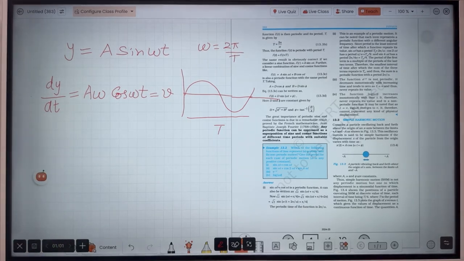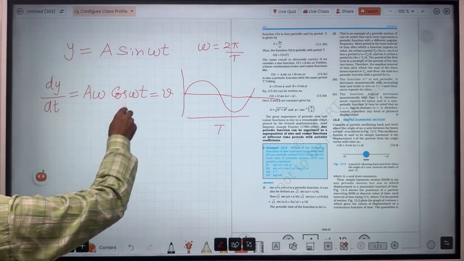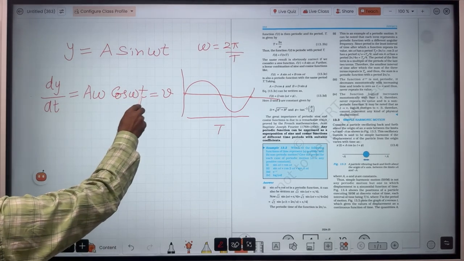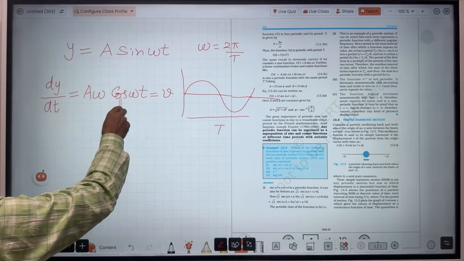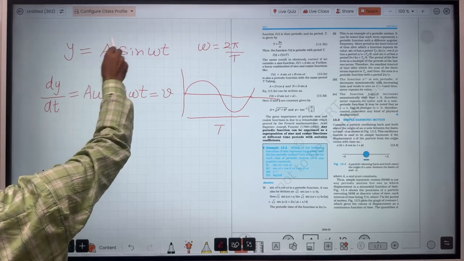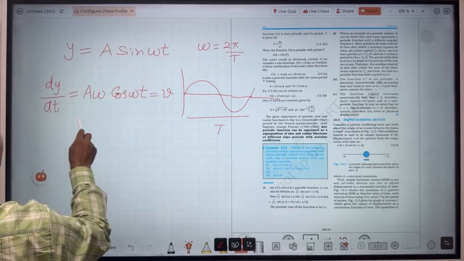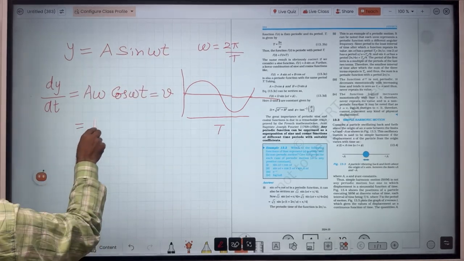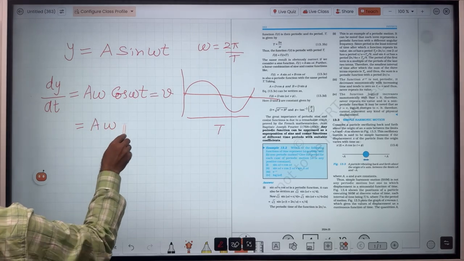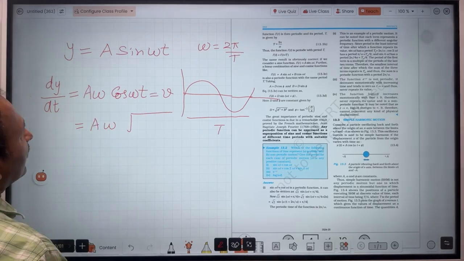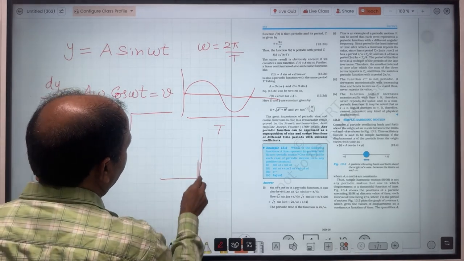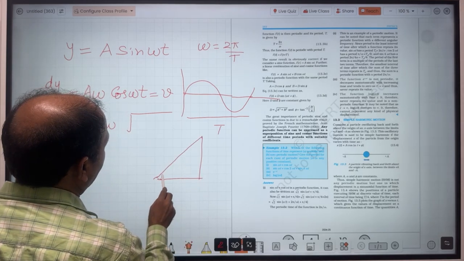Here we can evaluate cos omega t. Here this is velocity, so we can replace from here, y upon a equal to sine omega t. So what do we get? We will get a omega, and here cos omega t can be replaced by using the triangle.